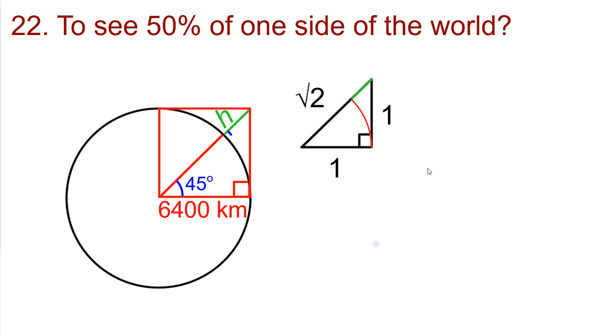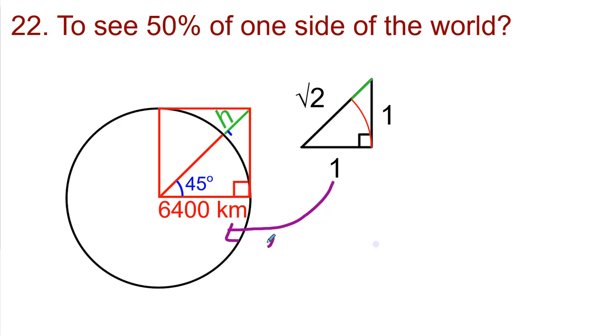And so we can find the difference between those two fairly simply by just looking at a scale factor. This is fascinating because it's just simple right triangle math that we already know, but we're applying it to literally the world. So what's our scale factor for going from 1 to 6,400? Well, that's a scale factor of the entire radius of the Earth, right? Which is pretty stinking awesome.